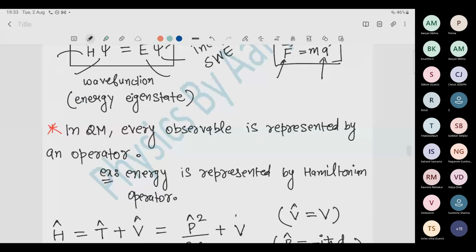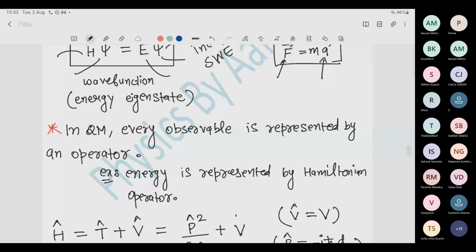Then we defined our Hamiltonian operator as the sum of the kinetic energy operator plus potential energy. Then we need to define our potential energy operator. The potential energy operator is simply equal to the potential energy. Whatever is the potential energy of the system, that is the potential energy operator.